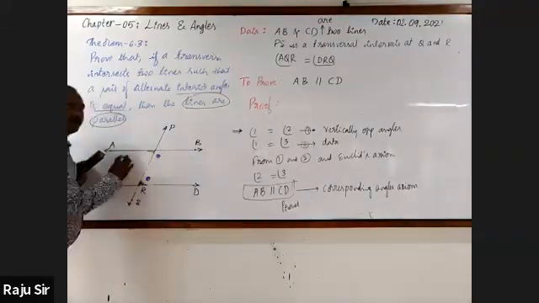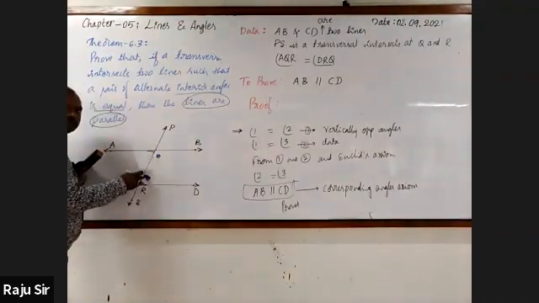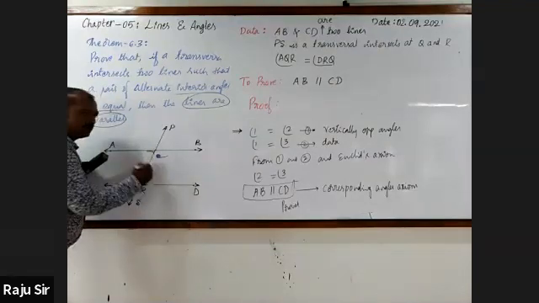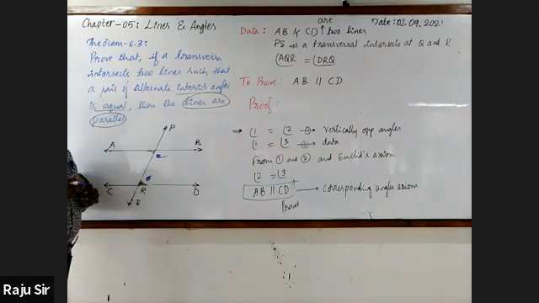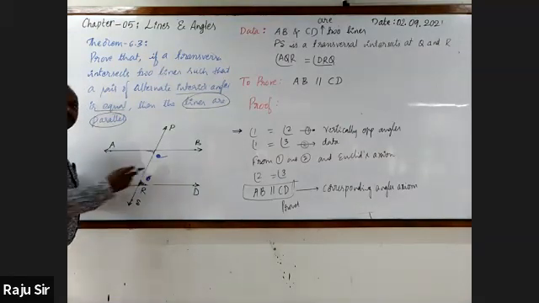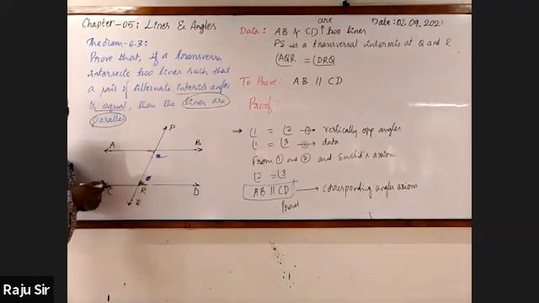Some angles are formed on the same side within the parallel lines. What do you call this? Co-interior angles. What is their sum? 180 degrees. They are supplementary. Understood? Now we are going to prove this.